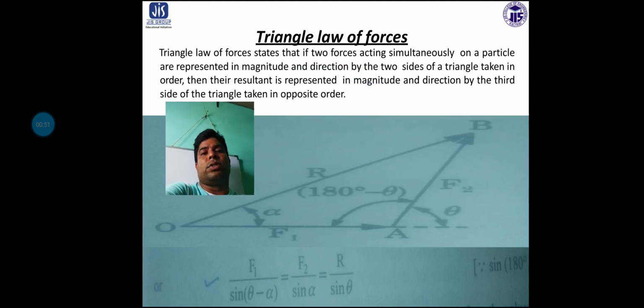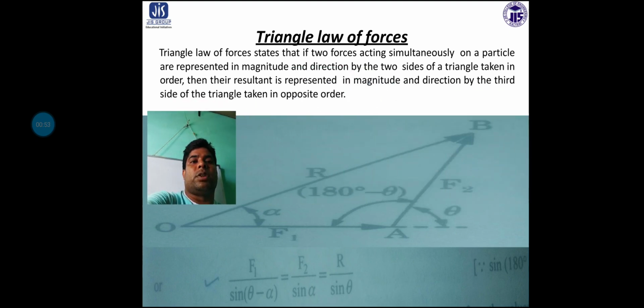Triangle law of forces: that means a triangular shape can also be obtained when forces are acting on a body.